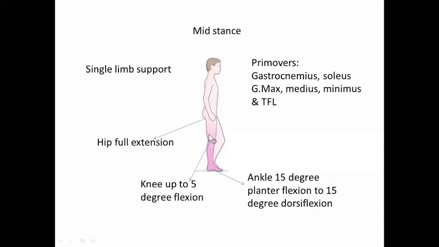Gastrocnemius and soleus will maintain range of motion at the knee, gluteus maximus, medius, and minimus will maintain the hip, and tensor fasciae latae will maintain the overall limb in a straight position.